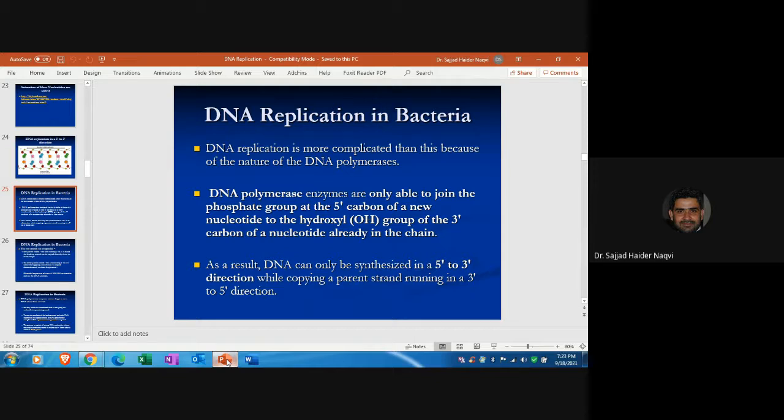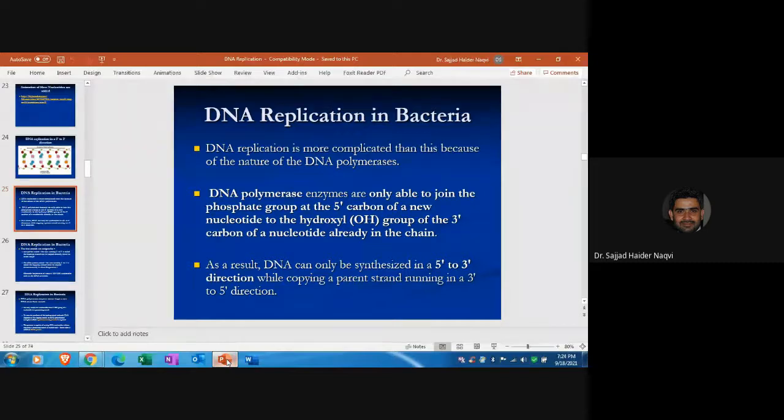Yesterday, we studied the fact that it's not just the DNA polymerase that starts the reaction, but there are a few steps and a few enzymes which are key towards the initiation of the DNA replication process. Once the process is initiated, then the DNA polymerase can add on the nucleotides to grow the chain. One thing we discussed yesterday is that DNA replication always proceeds in the direction of 5 prime to 3 prime.